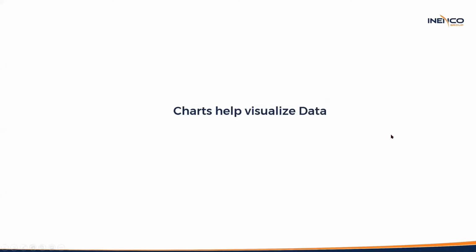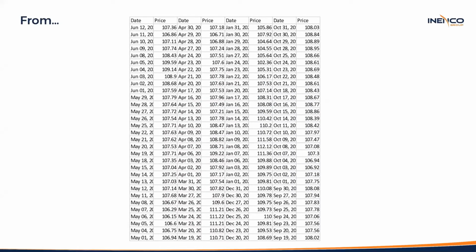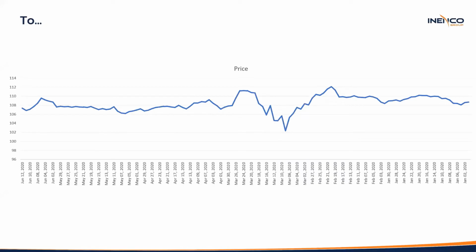Okay, now what are charts? Charts are basically, they help visualize data. You have data in your Excel, and charts help you make sense of that data. So for example, data like this would look like this. It would help you make much deeper and more important decisions. This is just a sample of the price of 2 currencies, probably USD JPY, US dollar and Japanese yen.